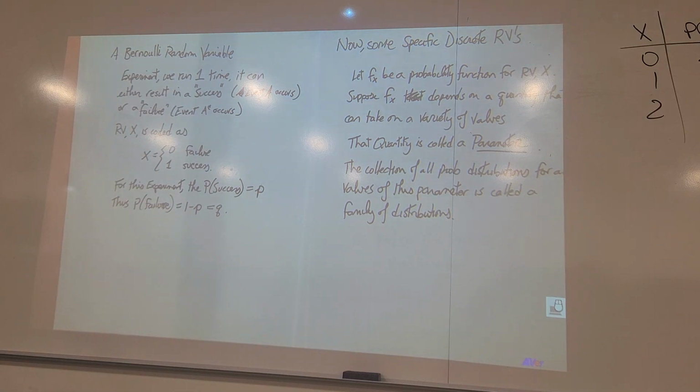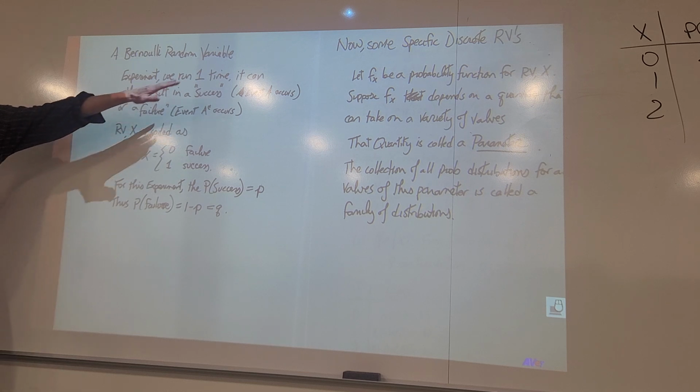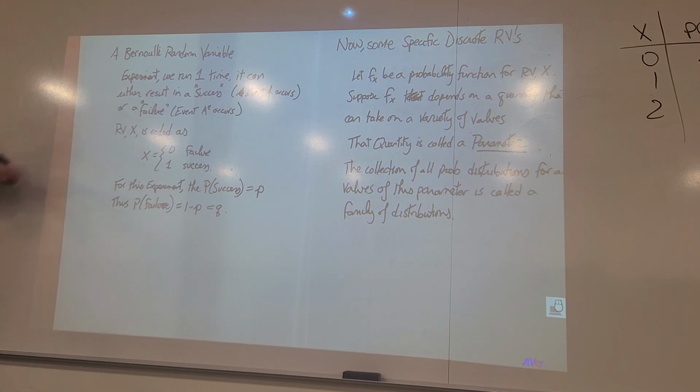So this is a random variable. It's coded either 0 or 1. 0 is we run the experiment and we get a failure, event A does not happen, or it's a 1.